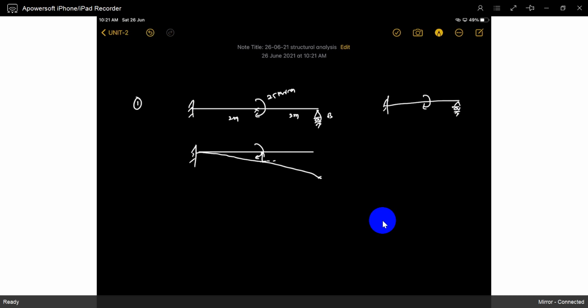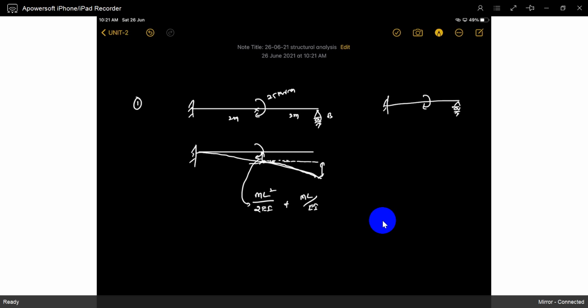This is a straight line, there is no moment here. So what is the deflection here? It is ML square by 2EI. That is the deflection. The slope is ML by EI. That is the slope.